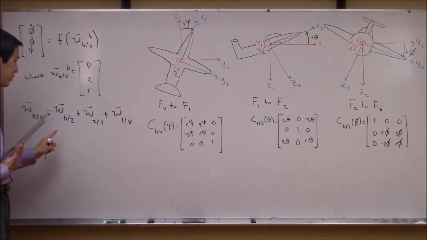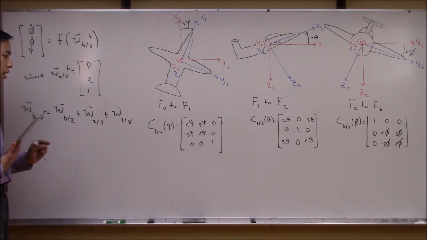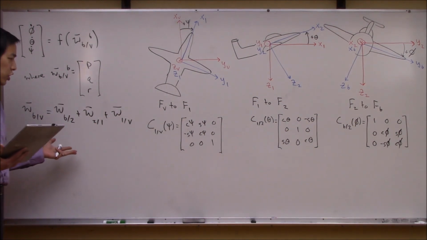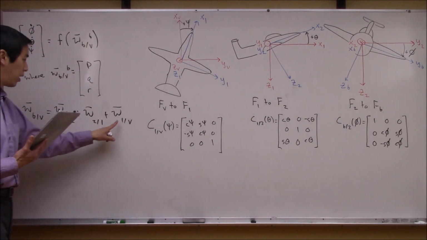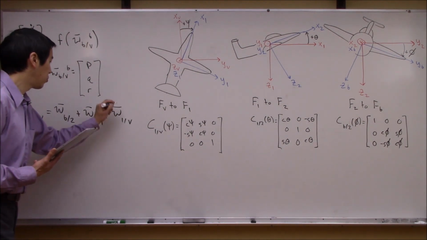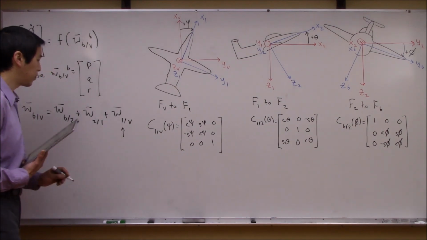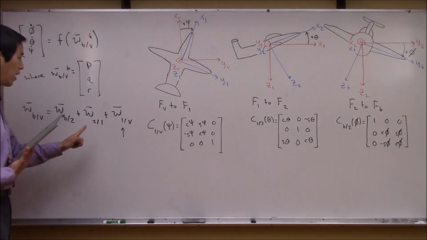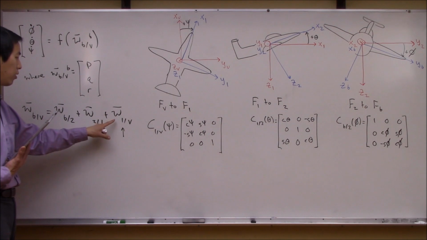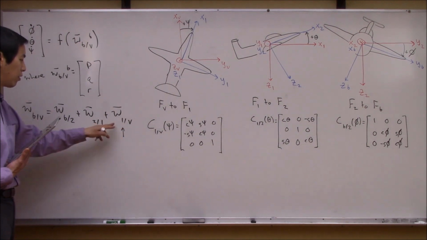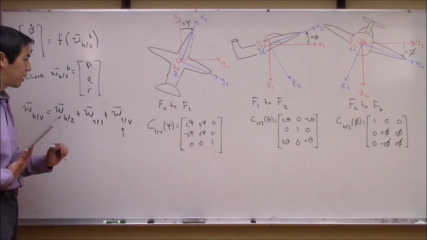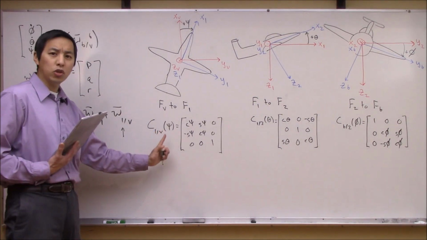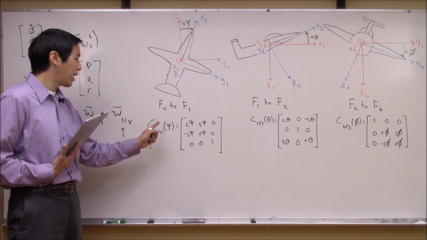What's nice about this is now we can understand what each of these components looks like. Why don't we start with the term omega 1 with respect to v. This is asking, how is the 1 frame rotating with respect to the northeast down frame? Well, that's our first picture, where we defined the angle psi.